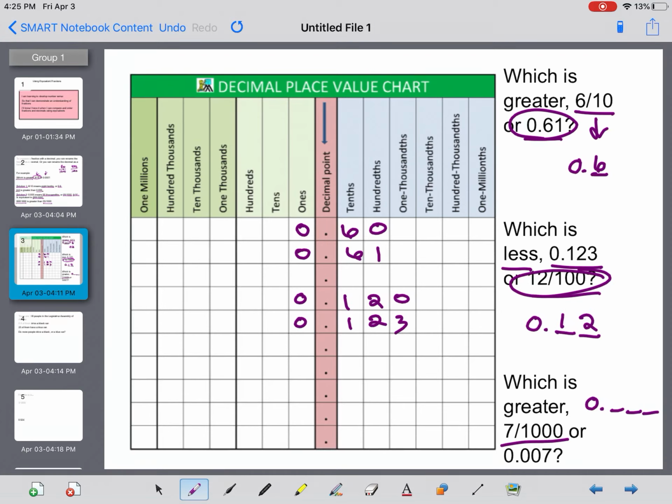And I know that the final digit is going to be 7, because if I were to put the digit here, we would have 700 thousandths. And like we talked about last lesson, we know that's not right. So, in fact, these two numbers, if I put them into my place value chart, 0.007 and 0.007 are actually equivalent. So neither is greater. These fractions and decimals are equivalent. Okay.